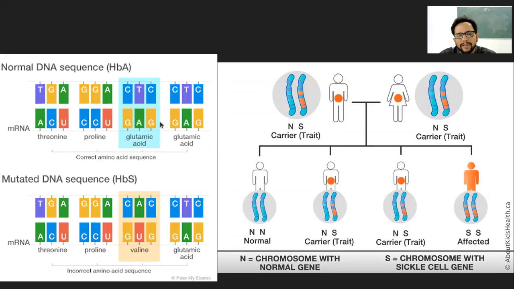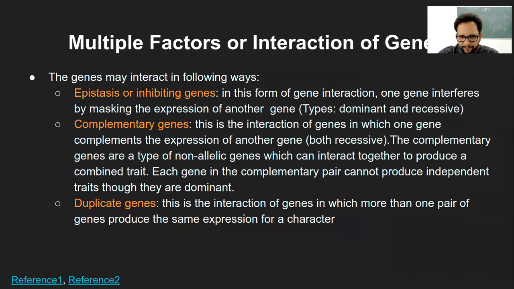If it is a heterozygous individual, then half of the RBCs will be normal and half will be affected, and that individual will have a longer survival rate. If it is normal, that is homozygous for the normal gene, then the individual will still survive longer. So that way, we had looked at codominance as well.